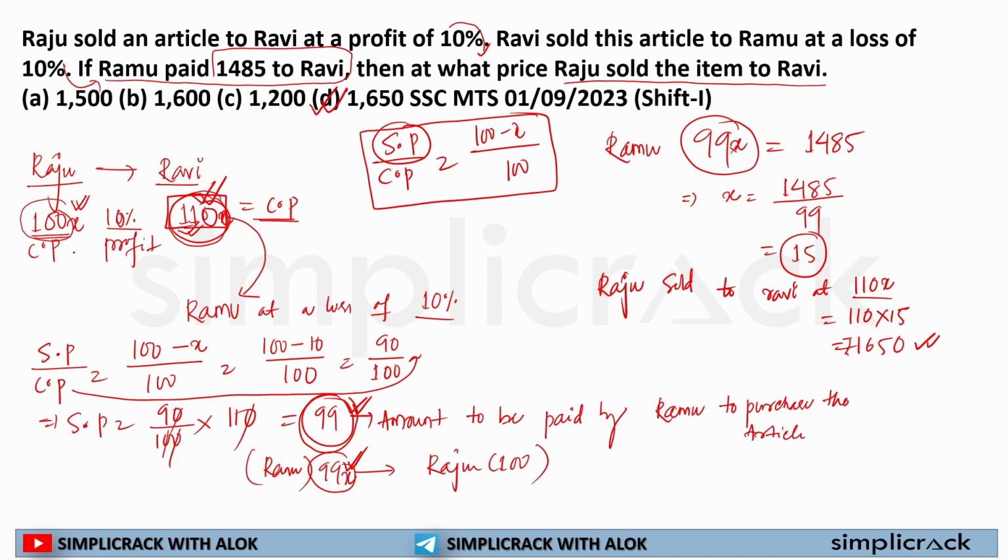How 100 of cost price of Raju becomes 110 for Ravi, then how 110 for Ravi by selling it at 10% loss is 99 for Ramu, and how 99 of Ramu is same as 100 of Raju. And then you will be able to solve this whole question. So I hope this is clear to each and every one of you. If not, you can put in comment, I can explain it again, because unless you understand this whole thing, you won't be able to proceed further.